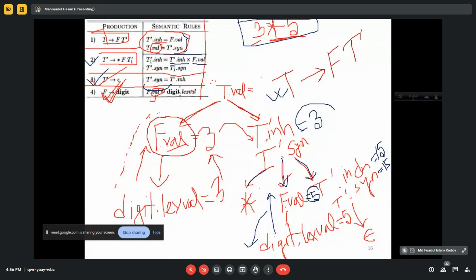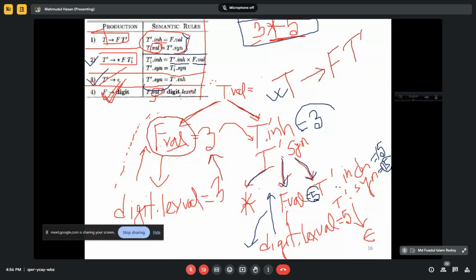That means just assign the T dash inherited value to the T dot synthesized attribute. Got it? Why is the T dot synthesized value 15?